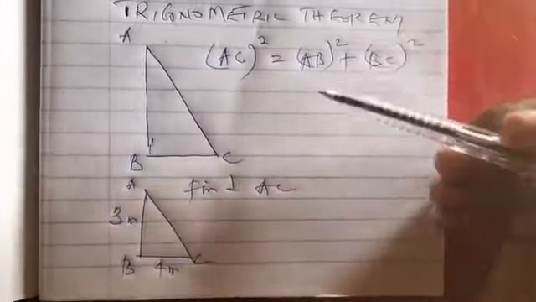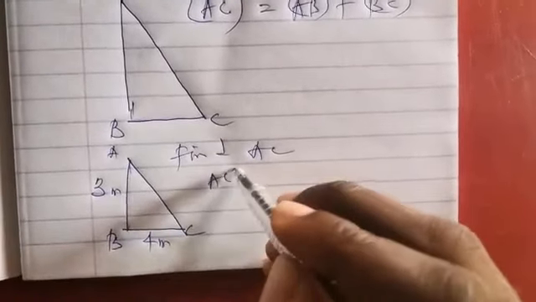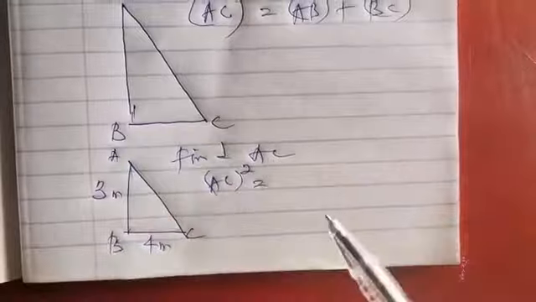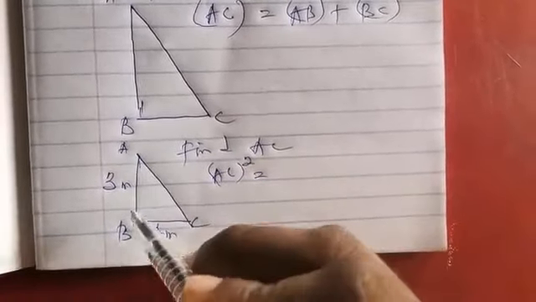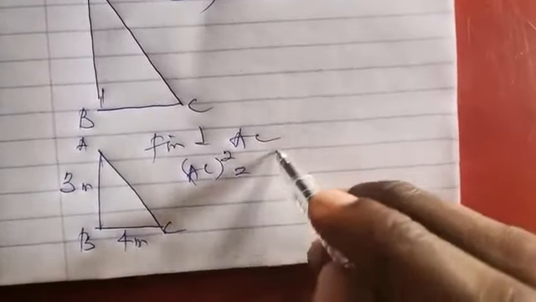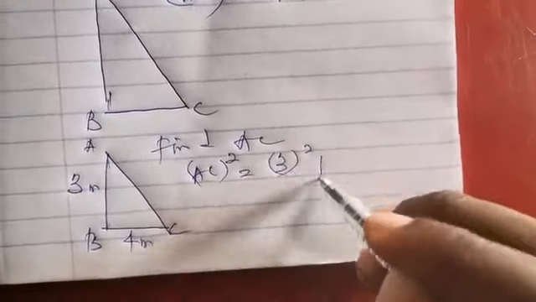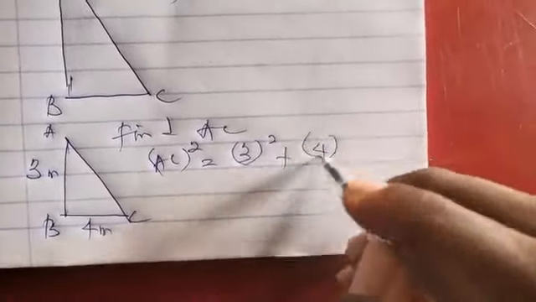So we can use this theorem to find the value of AC, knowing that AC squared, according to the theorem, is equal to the sum of the square of the two adjacent sides, AB squared. Meanwhile, AB is actually 3 meters, so this is 3 squared plus BC, which is 4 meters, so 4 squared.